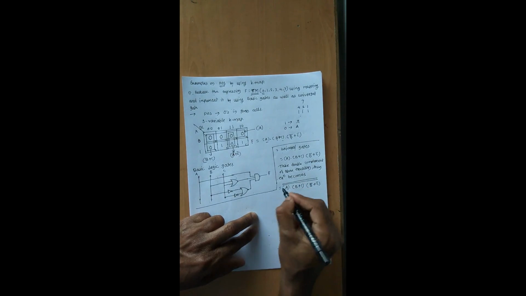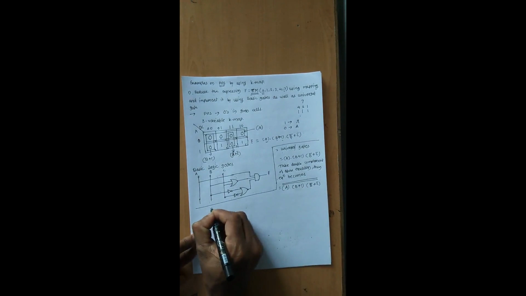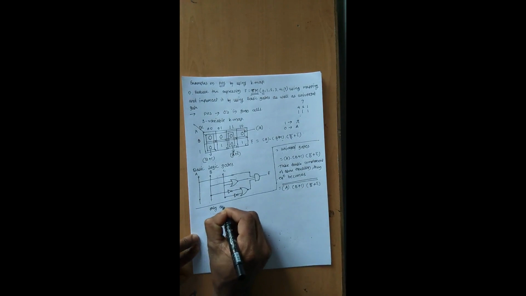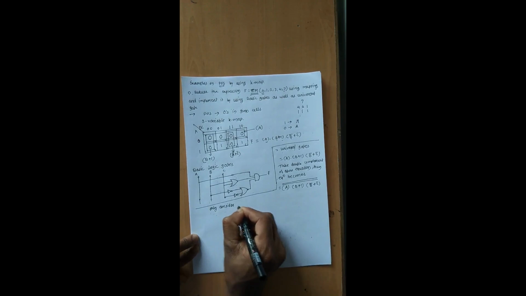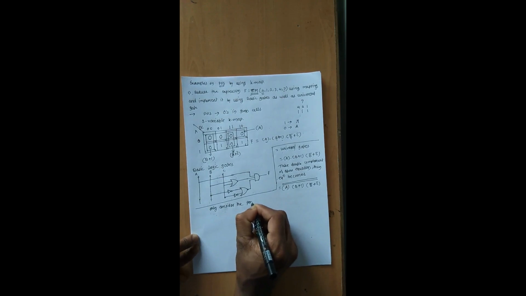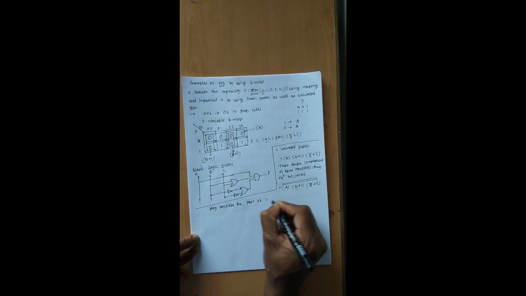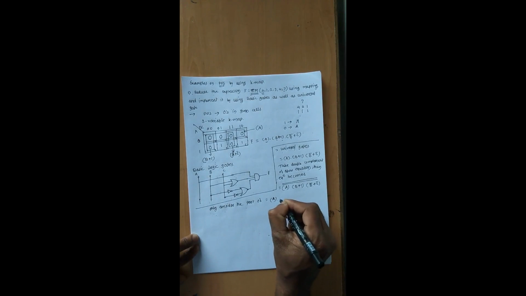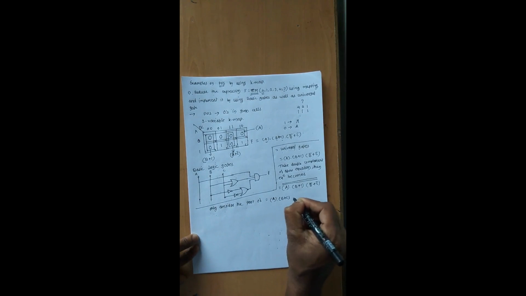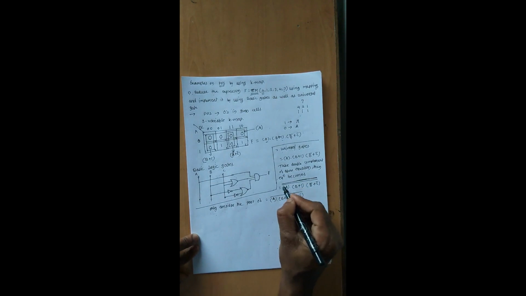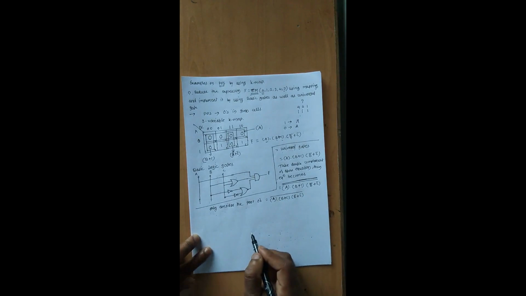Okay, only consider the part A, B plus C, B bar plus C bar with the double bar. Don't consider this second complement term. So only consider the first complement with its expression.